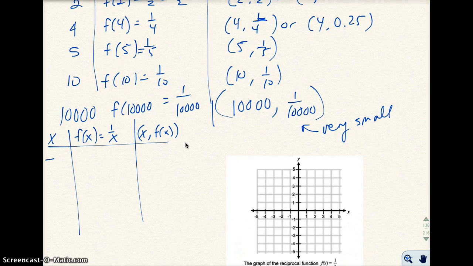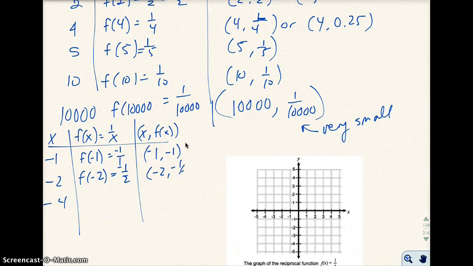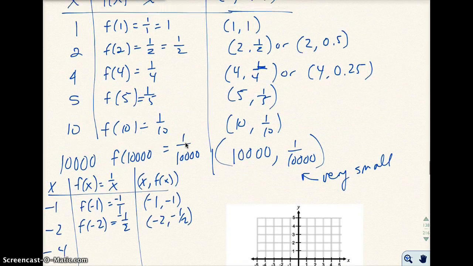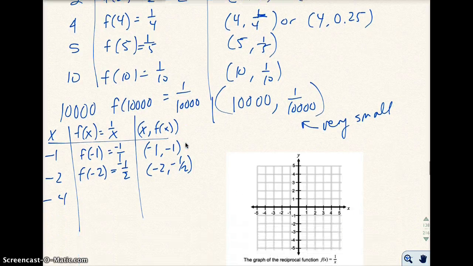Let's say if I pick negative values for x, let's do a couple of them, not too many. I would get the same thing, but I would just get the negative values. I would get negative 1 over 1, which is negative 1, negative 1. Here I would get negative a half. And this would be basically the same table I had before, but just the negative values.